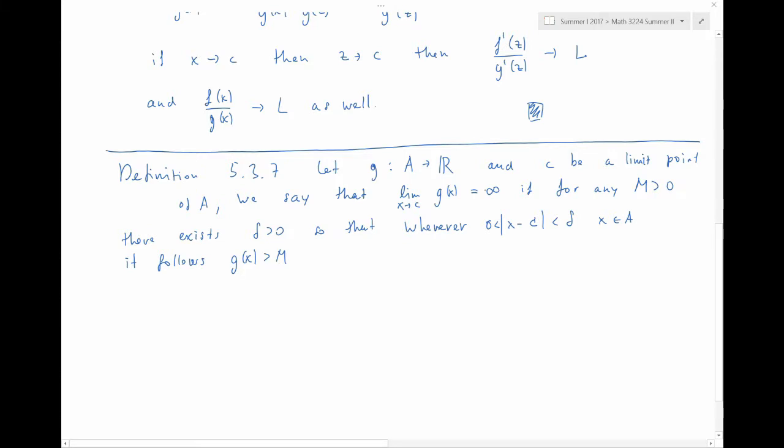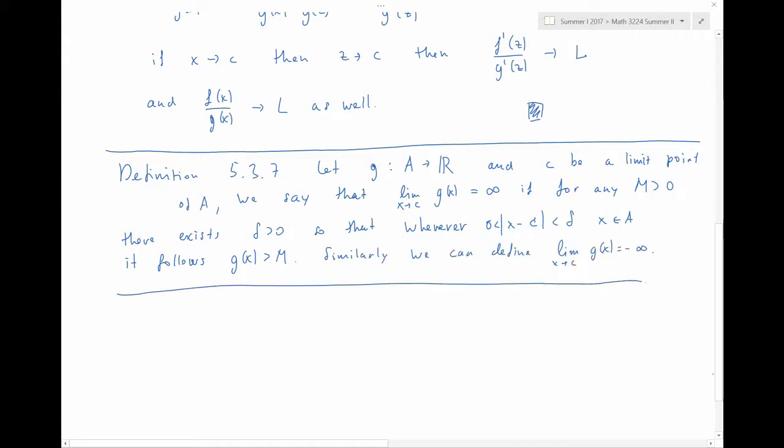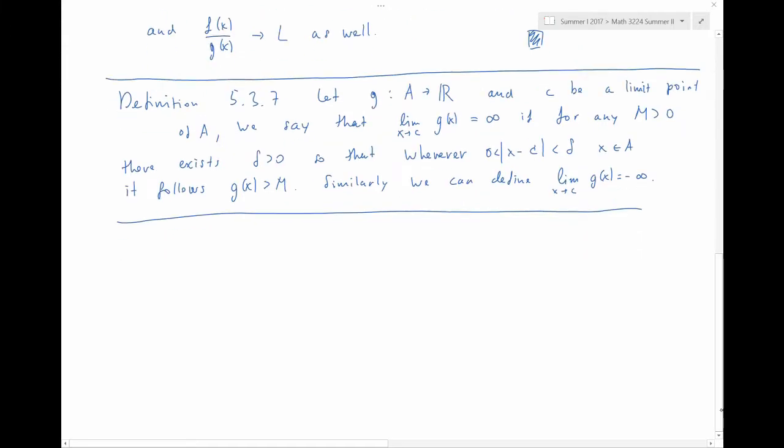Notice that I wrote infinity, but I didn't specify positive infinity, but the definition clearly says that we're going to positive infinity. Similarly, we can define the negative infinite limits. It's just M is going to be less than 0, and g of x will be less than M. Given this definition, we can write the second case of L'Hopital's rule.